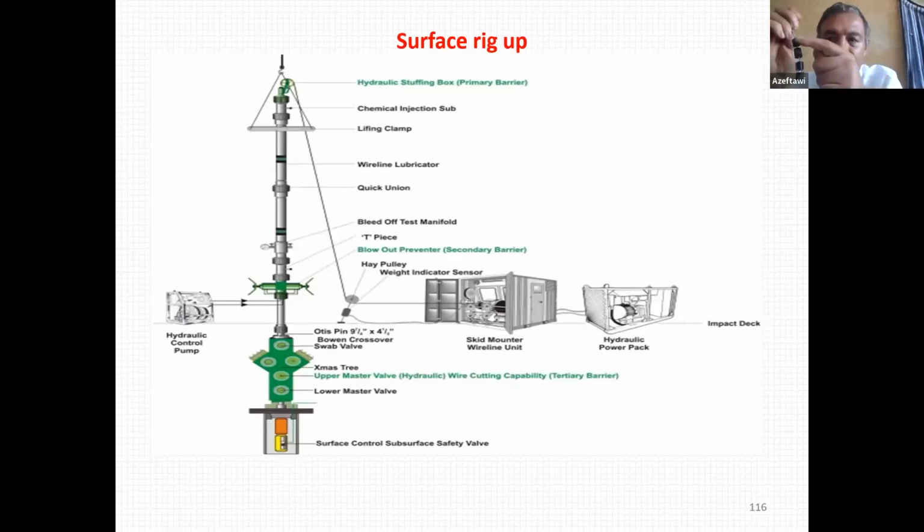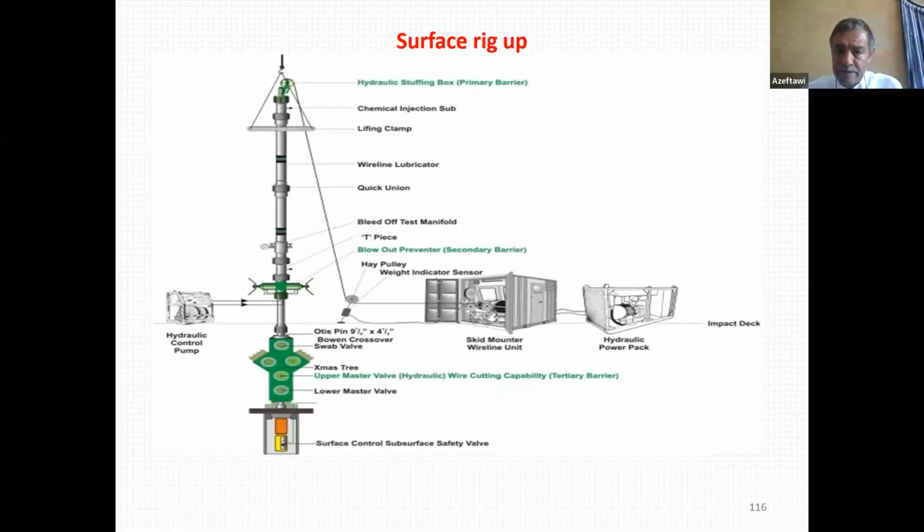So my selection on the packing depends on the answers I got for my questions. High pressure, low pressure, high temperature, low temperature, gas or oil, sweet or sour service. Based on that, I select the right packing for this particular job. So the stuffing box, which is on top, primary barrier.